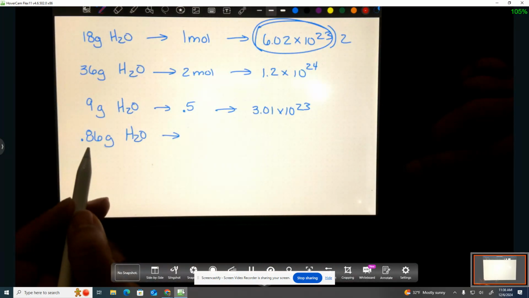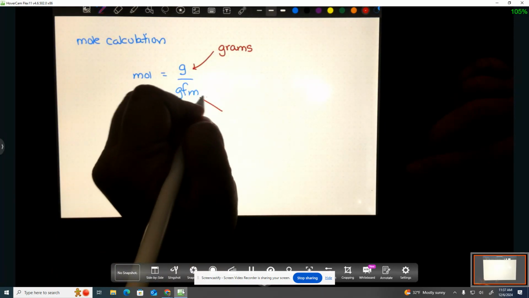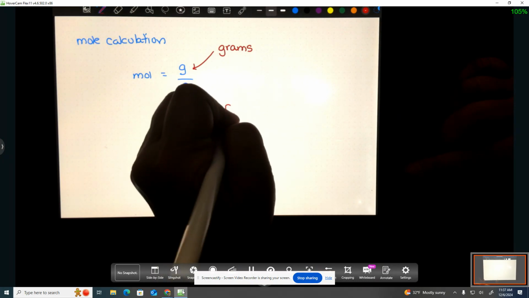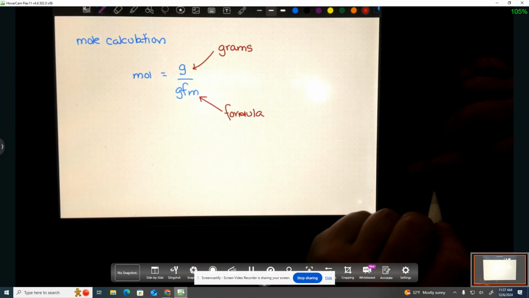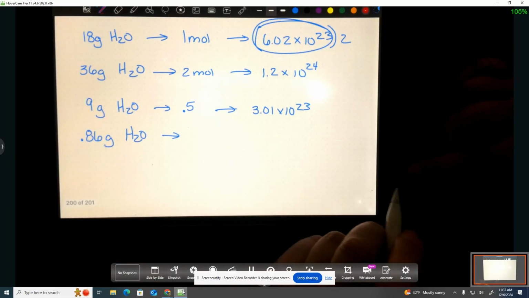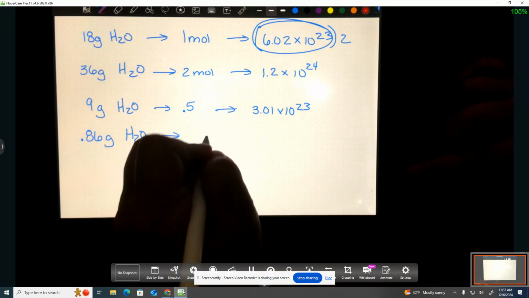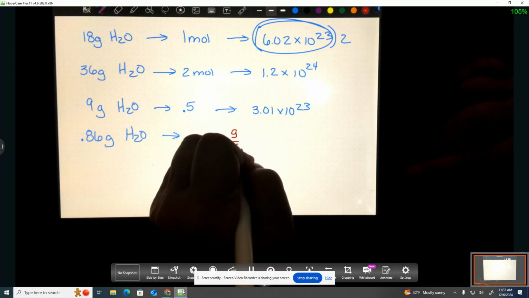In this case, I gave you 0.86. Okay? The bottom number, which is gram formula mass, comes from the formula. In this case, the formula was water. Moles equals grams over gram formula mass.